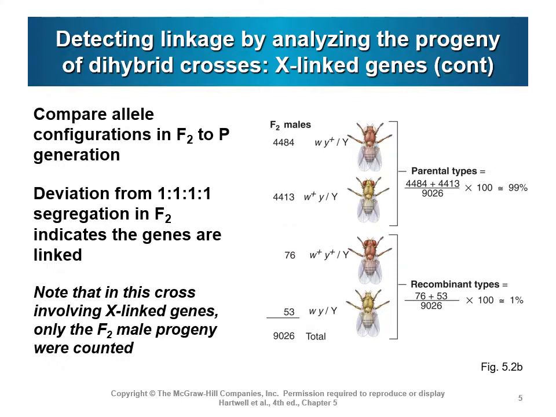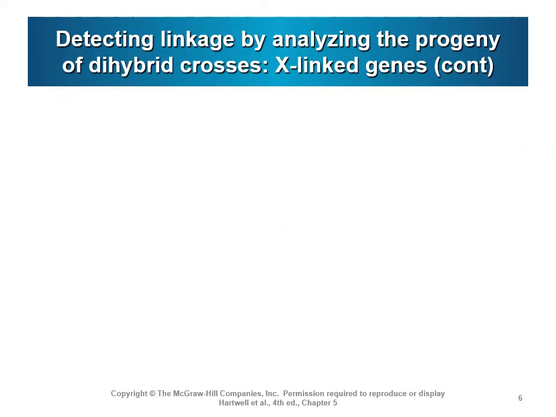However, when we look here, we see that the probability is 99% and 1%, and that is due to recombination. Now let's talk about this in a more detailed way.